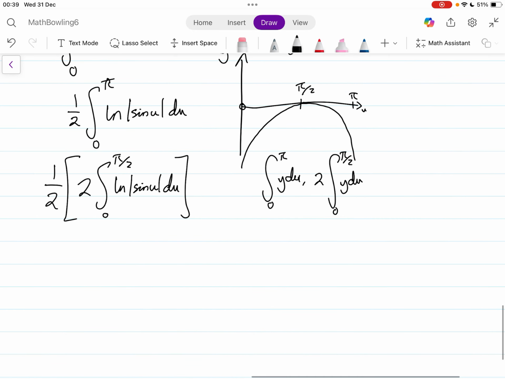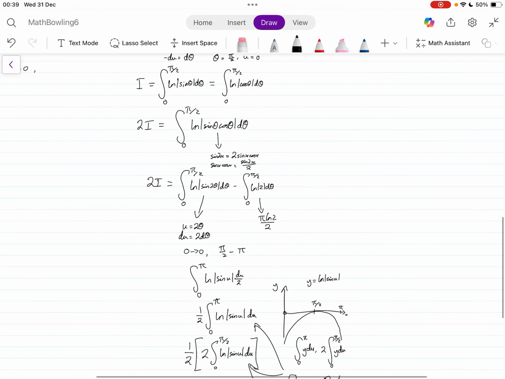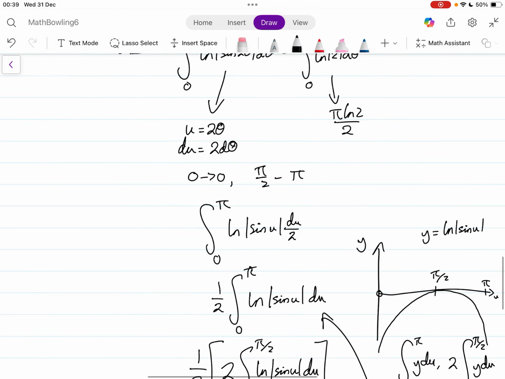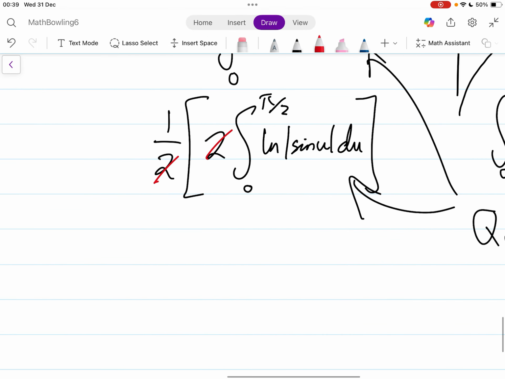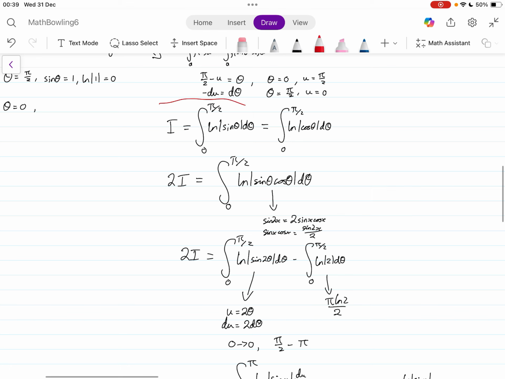Now what we've done here can be done more formally with something called Queen's rule, which, as you may notice, goes hand in hand with King's rule. And they're both very useful for trig integrals. So this 2 and this 2 cancel, and then what we're left with inside here is what we've defined as I, isn't it?